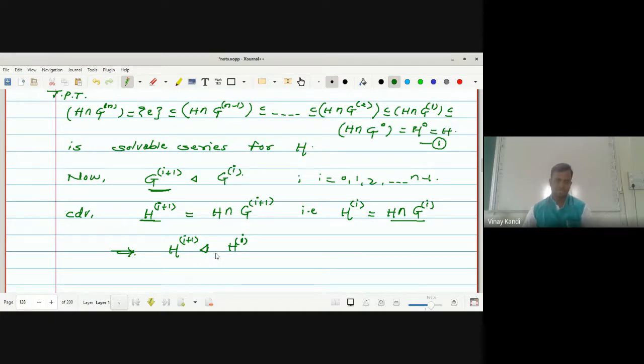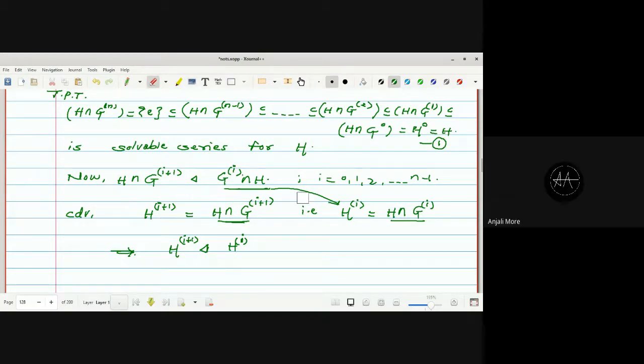If this is normal in that, take the intersection on both sides. And this is H raised to i plus 1, which is a normal subgroup of the ith derived subgroup of H. Any doubt? No, sir.